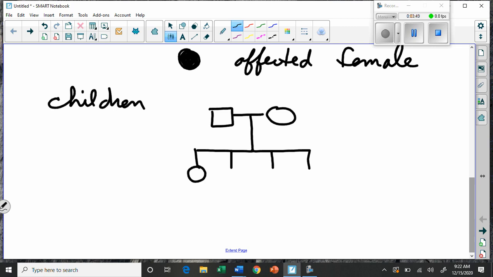So maybe there's a girl and a boy and a boy and a girl. And we typically put them in order of oldest to youngest. It doesn't have to be that way, but typically the oldest goes on the left, and then they go down towards the youngest. But again, that's not critical.